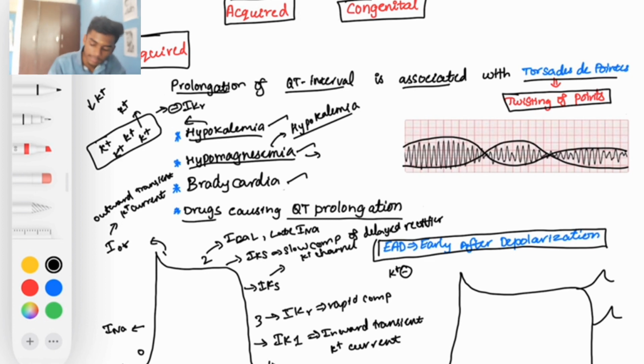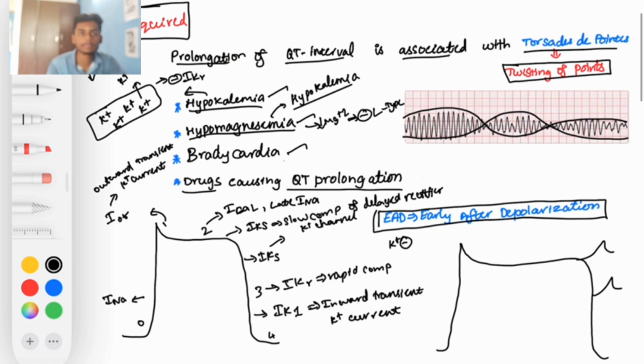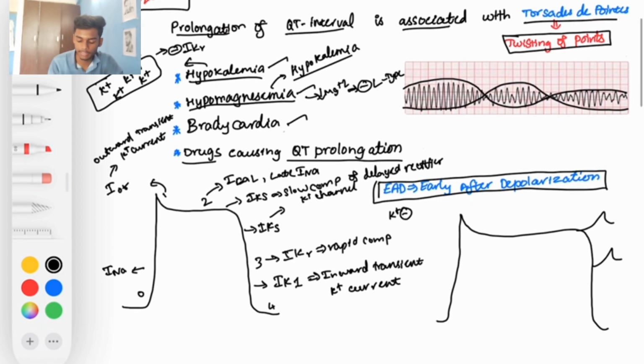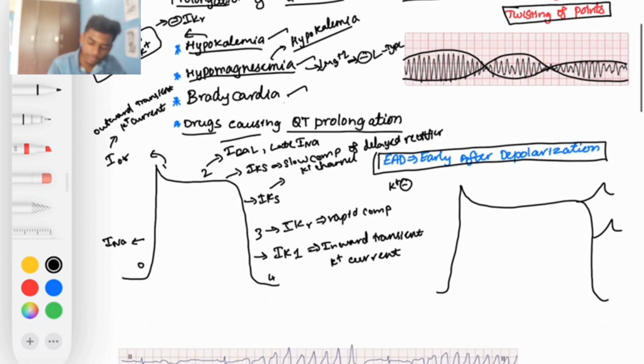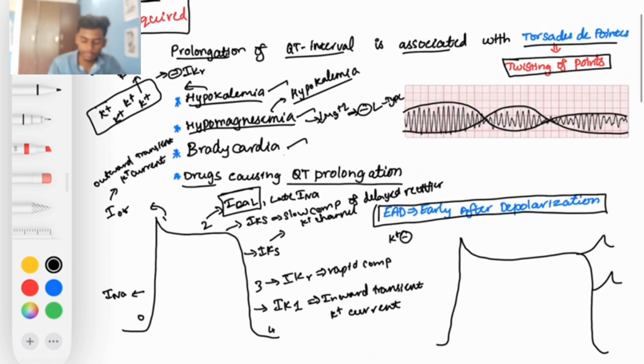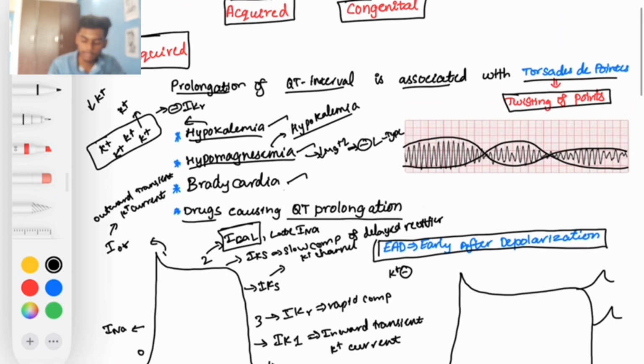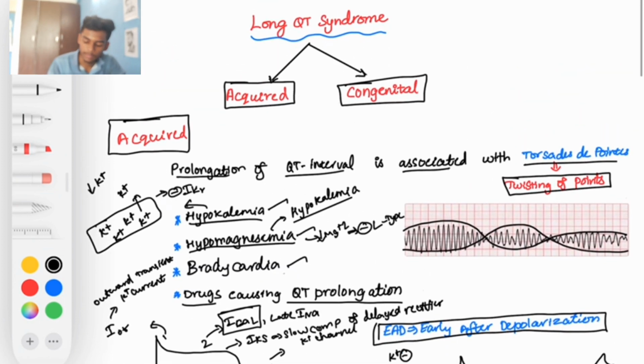Some studies say that magnesium is normally an inhibitor of L type calcium channels. So when there is hypomagnesemia, there is decreased inhibition of L type calcium channels. During phase 2, the current is due to L type calcium channels, so there is increased calcium current leading to action potential duration prolongation.